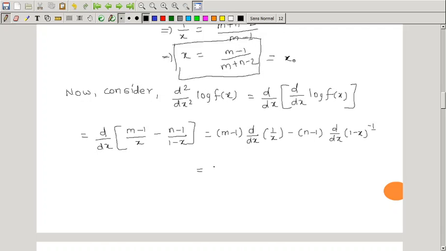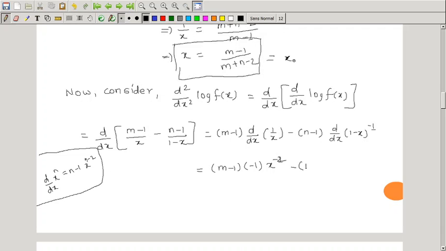So that means (m - 1) into minus 1 into x raised to minus 2, since the derivative of x raised to minus 1 is minus x raised to minus 2. I have used this result here.